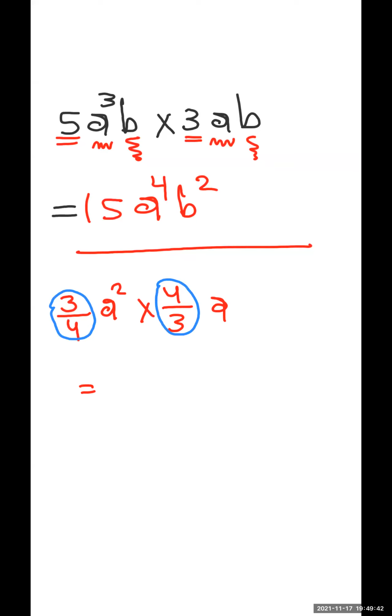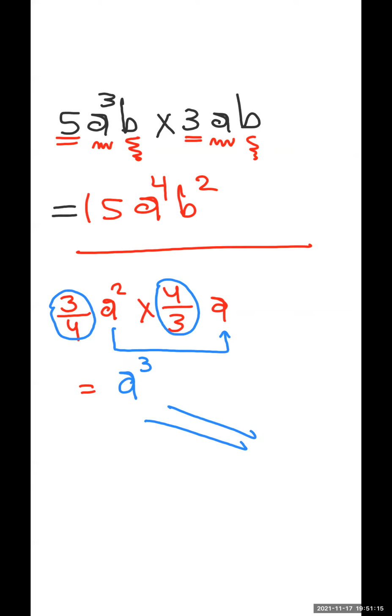It's a number times its multiplicative inverse, so the product will equal 1. Or otherwise, 3 times 4 equals 12 over 4 times 3, it will be 12 over 12, which means 1. So now multiply a squared times a, it will equal a to the power 3. That's it. Clear, guys?